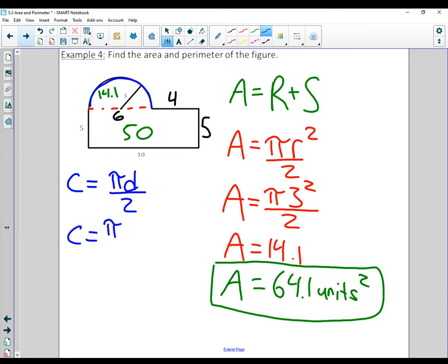We know the diameter all the way across is 6. 9.4. So if this is 9.4, the perimeter is just going to be all of those sides added up. So 9.4 plus 5 plus 10 plus 5 plus 4. You should get the perimeter is 33.4.